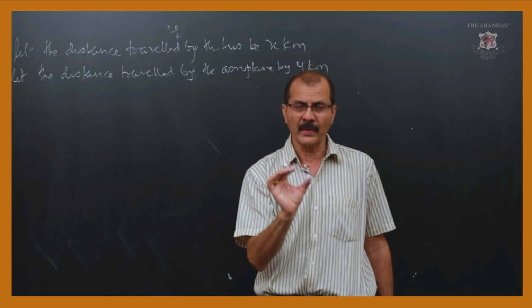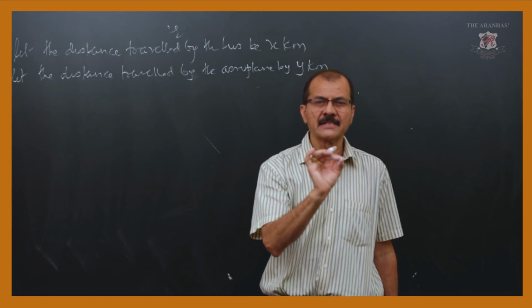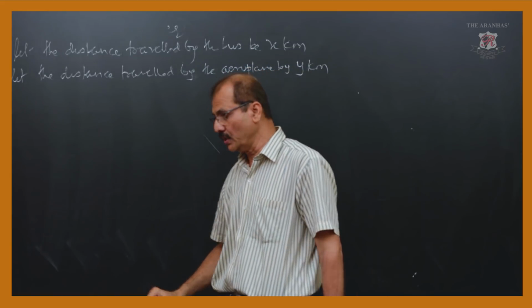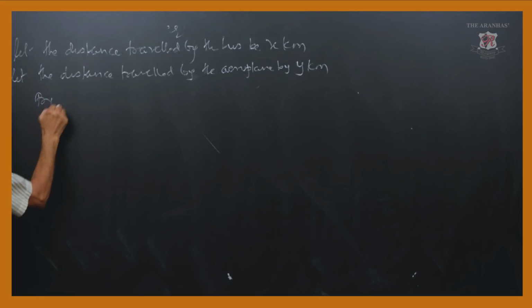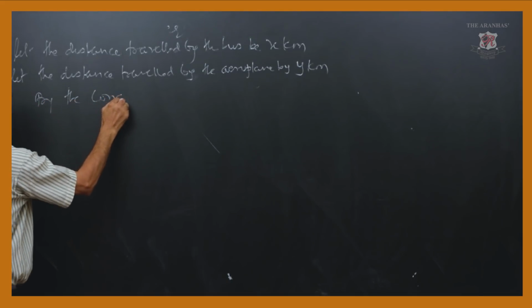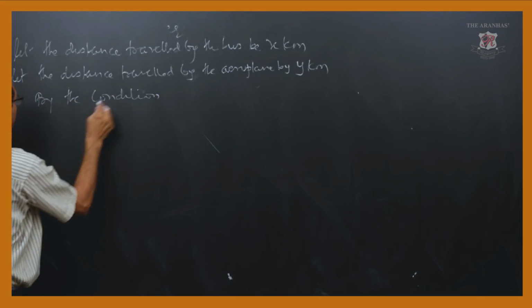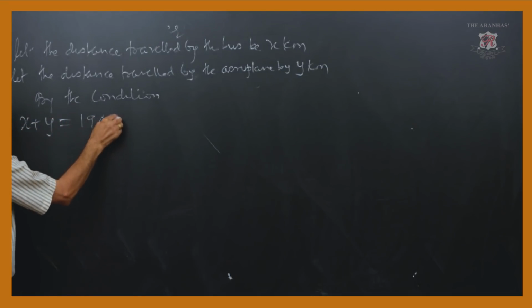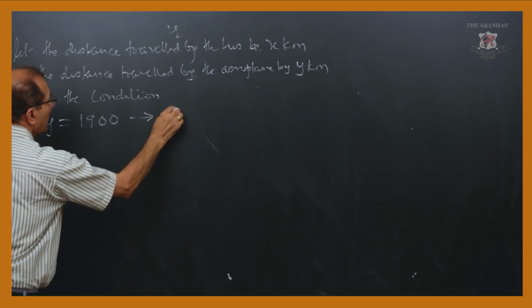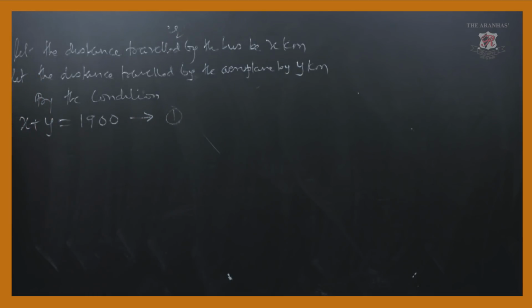So, you got your first equation: by the condition, x plus y is equal to 1900. This is my equation number 1.